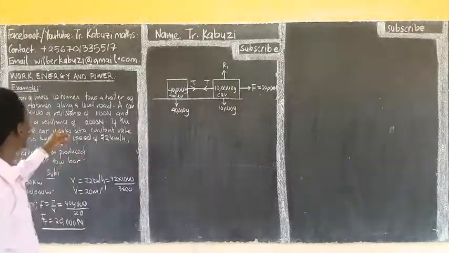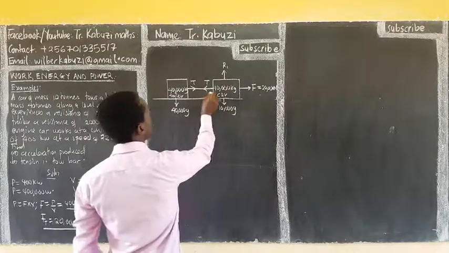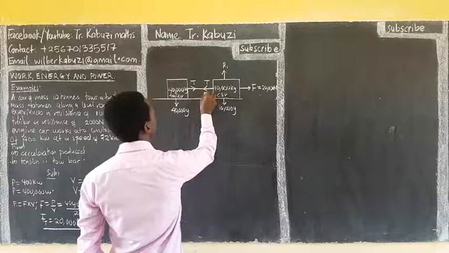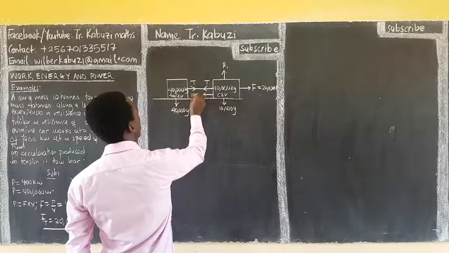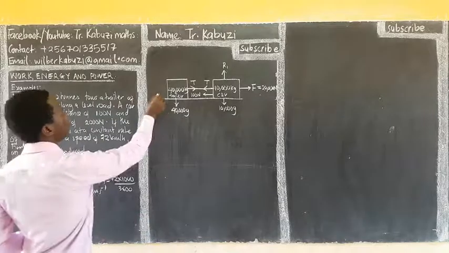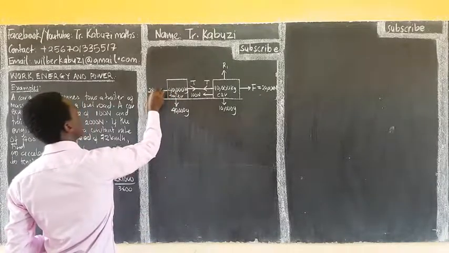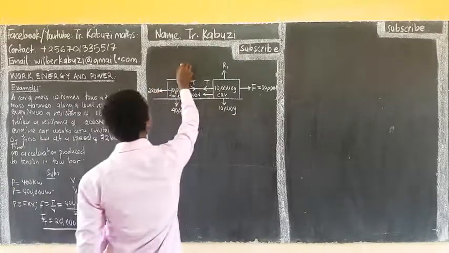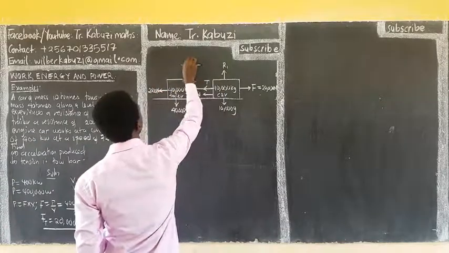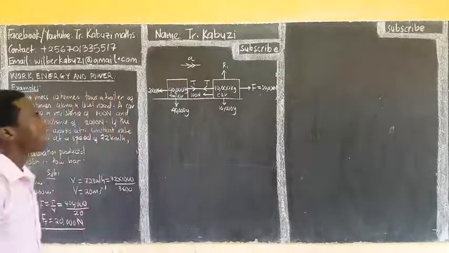They're telling us that the car experiences a resistance of 100 newtons, and the trailer resistance of 2,000 newtons. So this one is also going to be 2,000 newtons, opposite to the direction of acceleration. That is going to be the direction of acceleration because this is pulling in that direction.